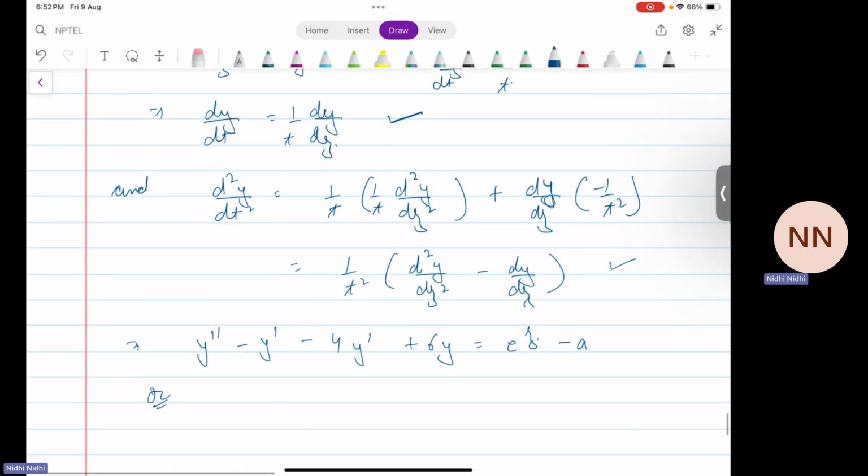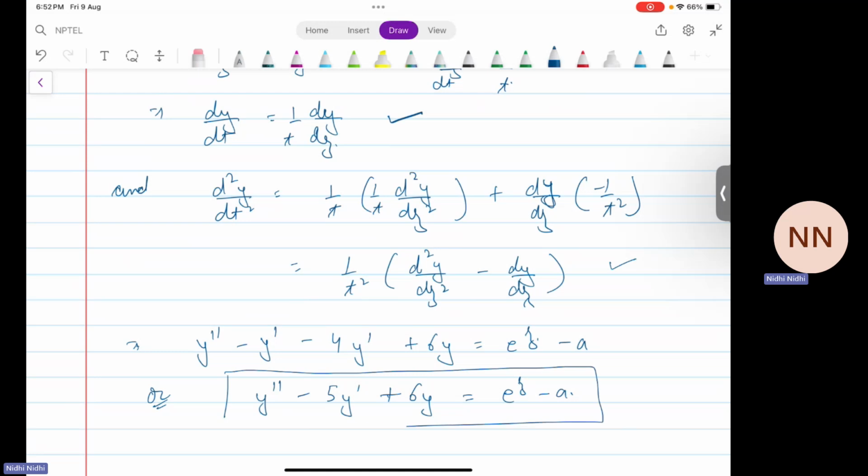Now we can write it as y'' − 5y' + 6y = e^z − a. Now we are again in the framework of a second order differential equation.